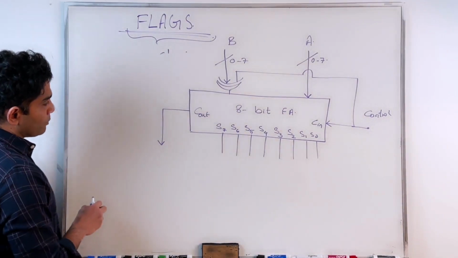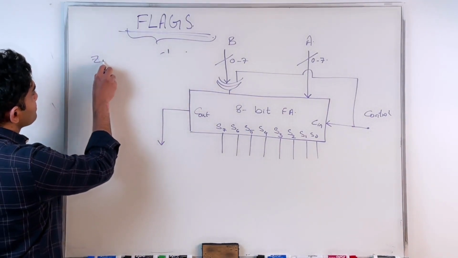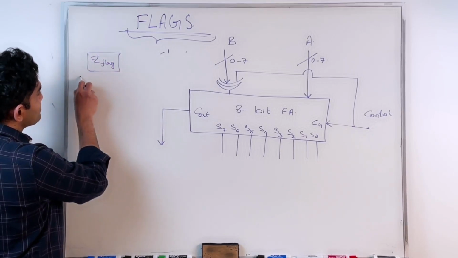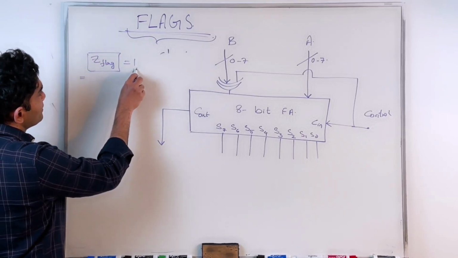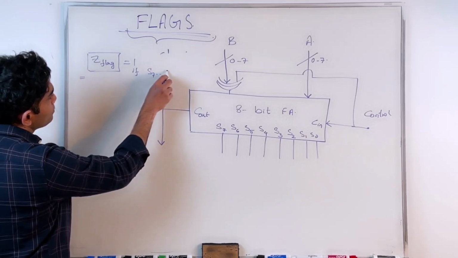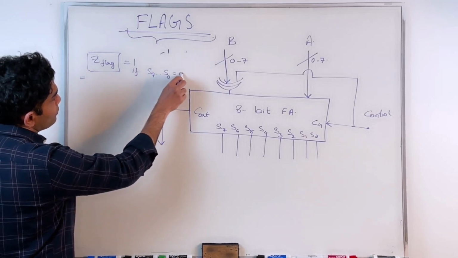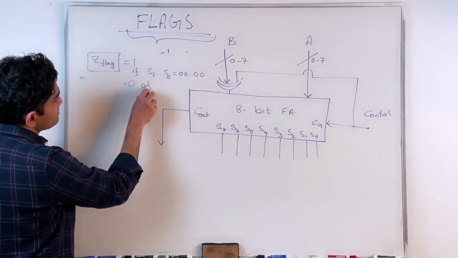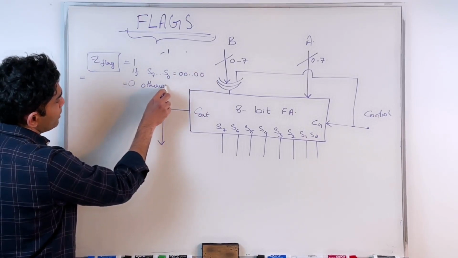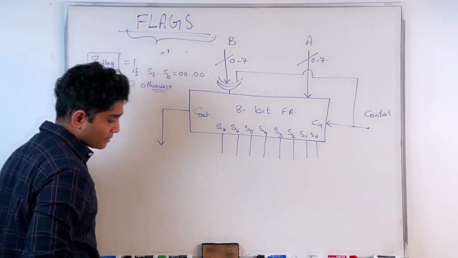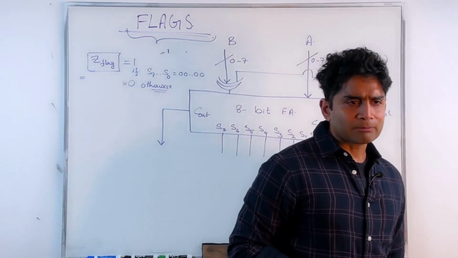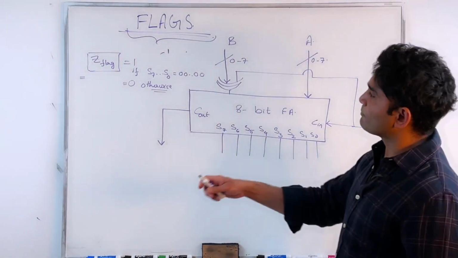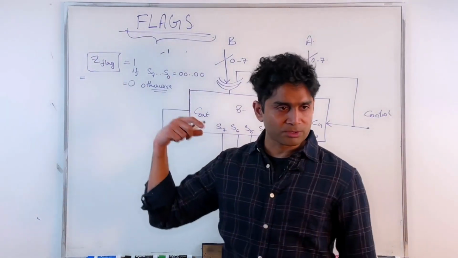And I want to design what is called a Z flag. How would I do this? A Z flag that is set if S7 through S0 are all zeros, and is equal to 0 otherwise. Now I would like you guys to think and come up with a simple solution by which I can obtain the Z flag for this circuit.